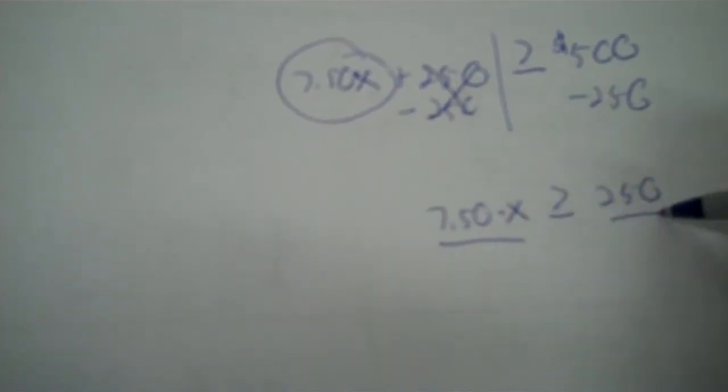Over here we have 7.50 times X. Okay, and then line it up again, X here. You're going to write 34, because you have to have a whole number for that, 34. So X is 34.